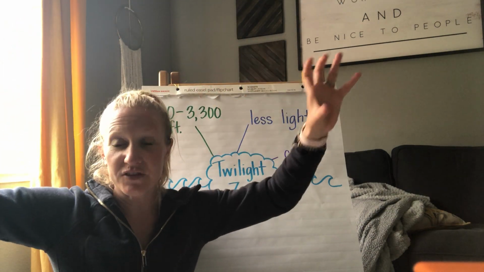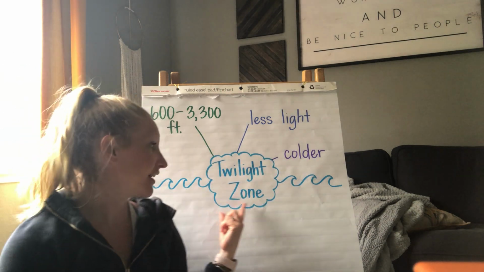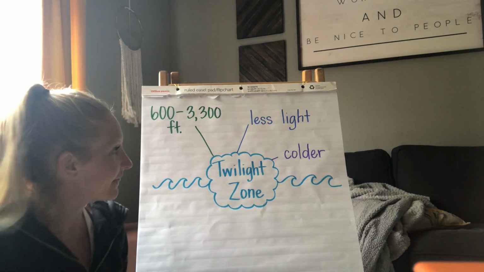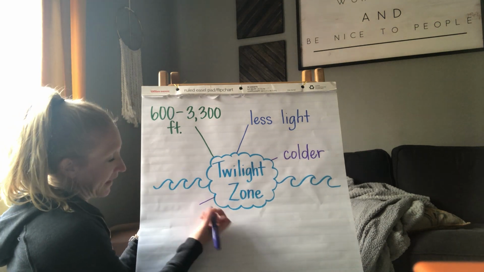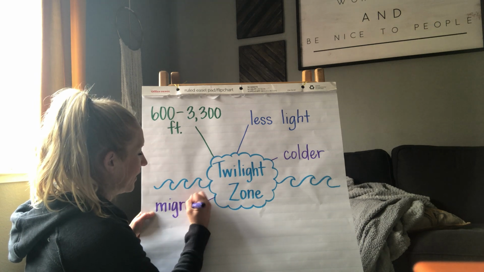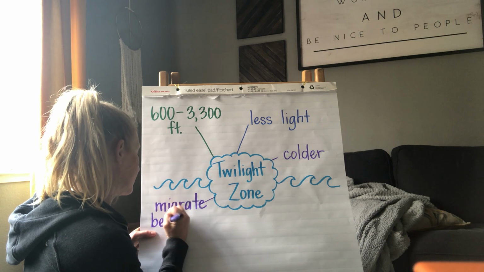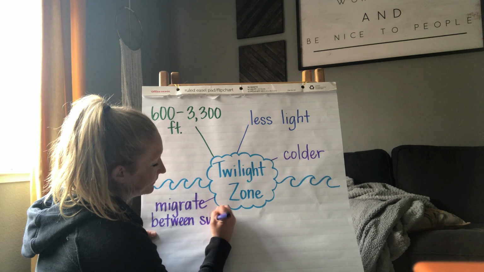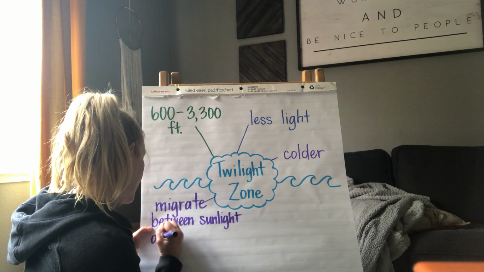If those top layers of the zone are too warm in the sunlight zone, the animals that can dive down into the twilight zone. So it says that they migrate or move. Migrate is another word for move. I'm going to use migrate. Migrate between sunlight and twilight.